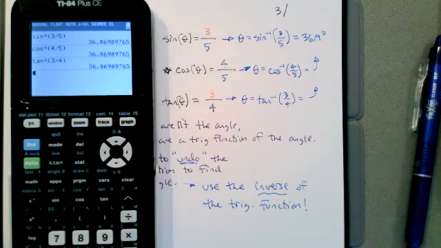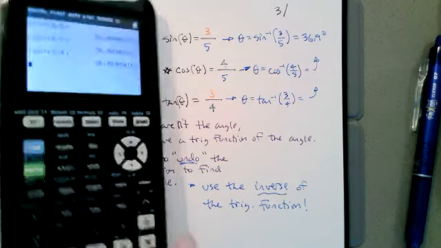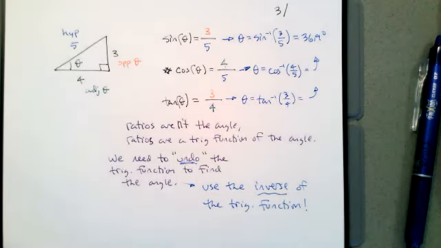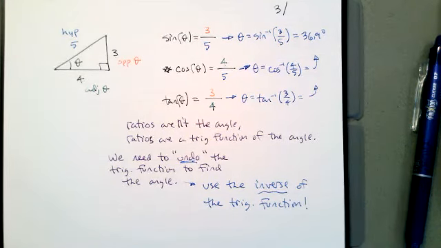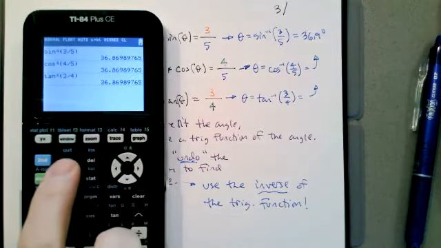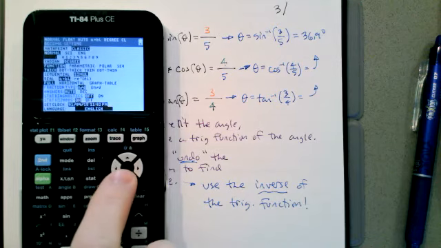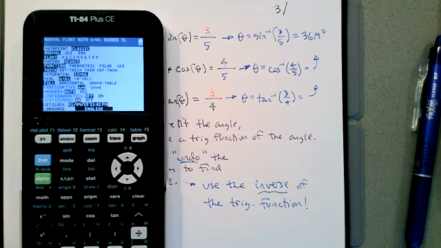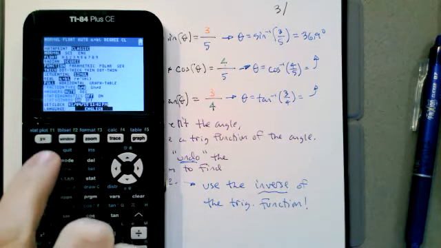Any questions? How does it work again? I'm trying to use the calculator also. To get to the calculator, first of all you have to go into your mode and make sure you are in degree mode. Otherwise, it's going to give the answer in radians. We haven't talked about that yet. So make sure it's in degrees.